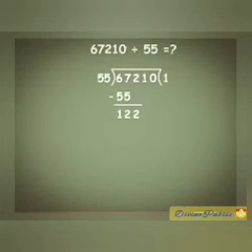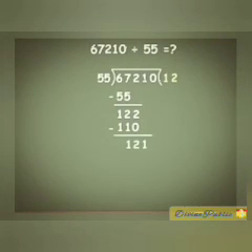Now bring down 2 from the hundreds place and divide 122 by 55. As 55 multiplied by 2 is equal to 110, so we write 2 in the hundreds place of the quotient and write 110 below 122. Subtract 122 minus 110, which is equal to 12.